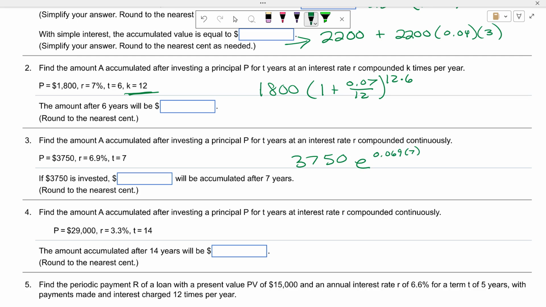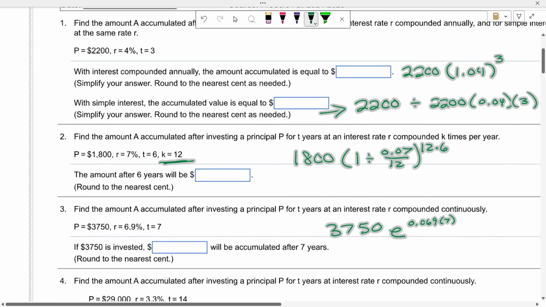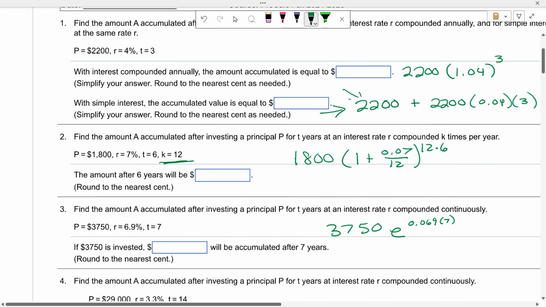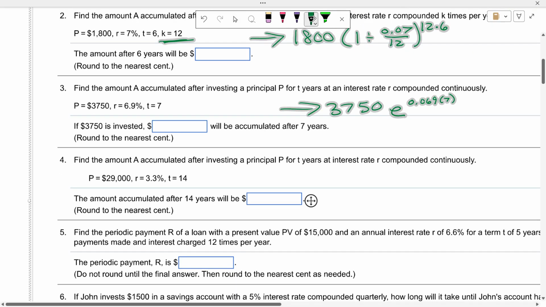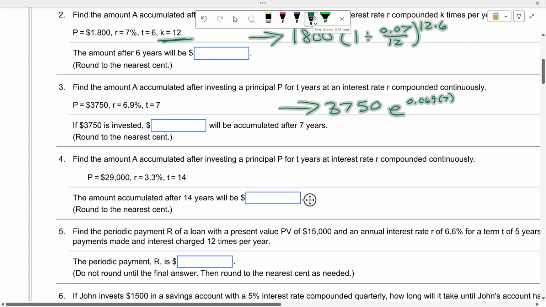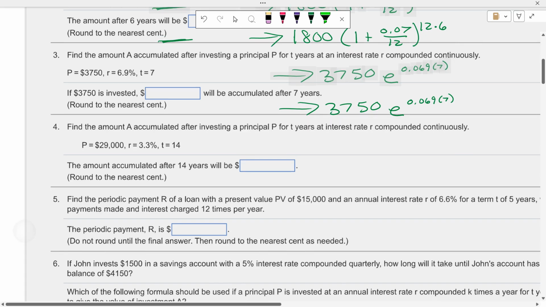So that's the different ways of figuring out interest. Simple interest is here. Compounded once per year is there. Compounded monthly is there. Compounded continuously is there. Here's another compounded continuously, which is the same setup as that.